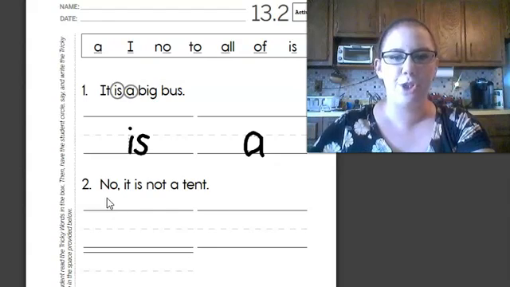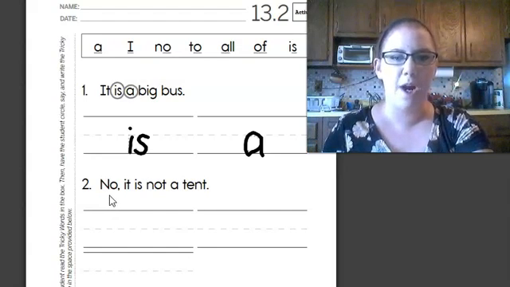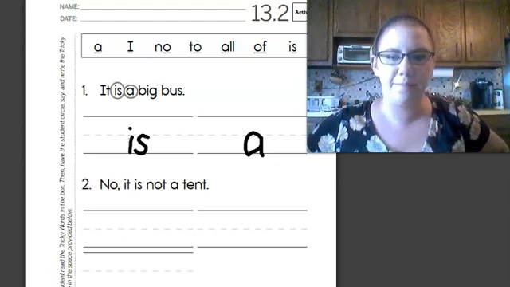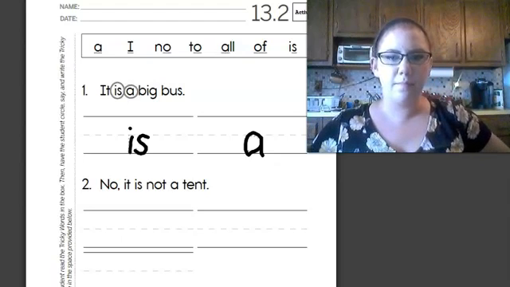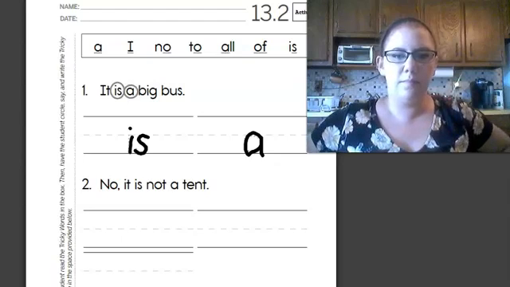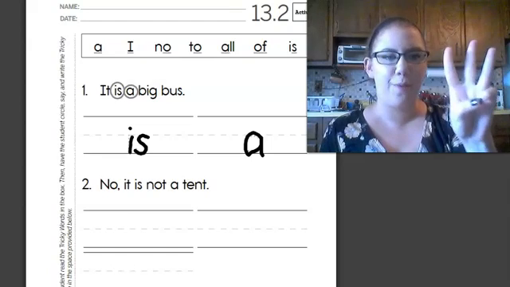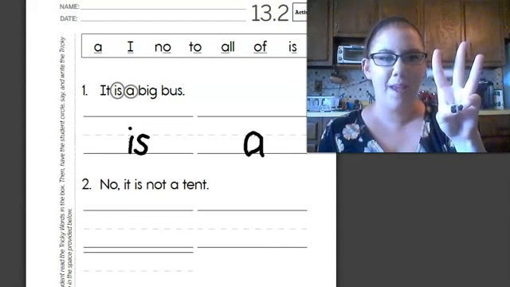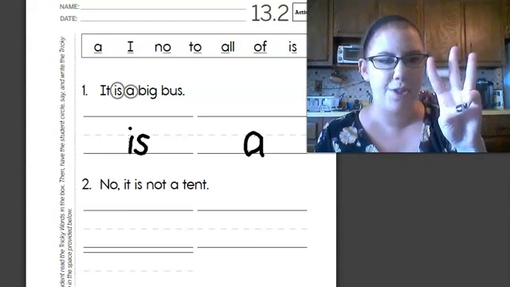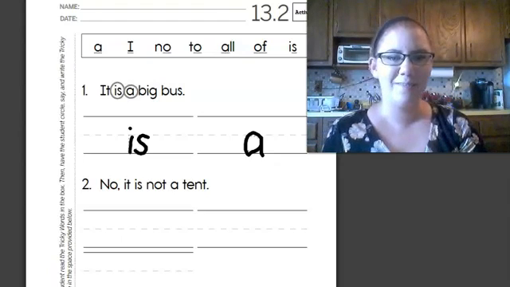Let's look at number 2 and see what tricky words we can find. Tell me how many you see. I see 3 tricky words. If you saw 3 tricky words too, you're right.